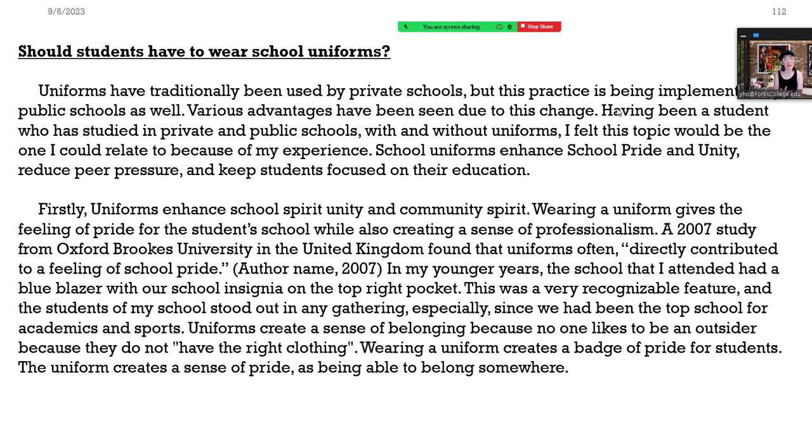So this is an example of a student's, and she wrote about 4 paragraphs. She has a good introduction where she says that school uniforms enhance school pride and unity, reduce peer pressure, and keep students focused on their education. Then she writes, firstly, uniforms enhance school unity. So the 3 reasons of her thesis statement become her 3 body paragraphs.